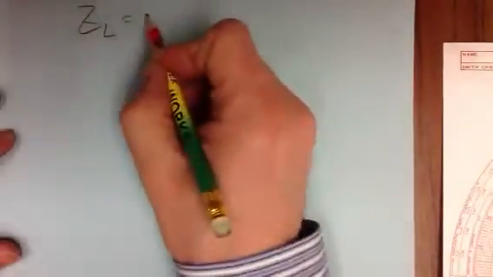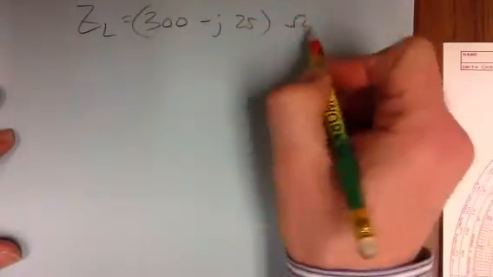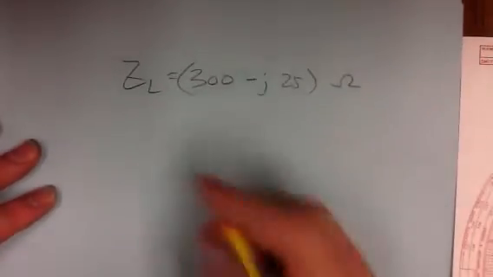Load impedance is equal to 300 minus J25 ohms.